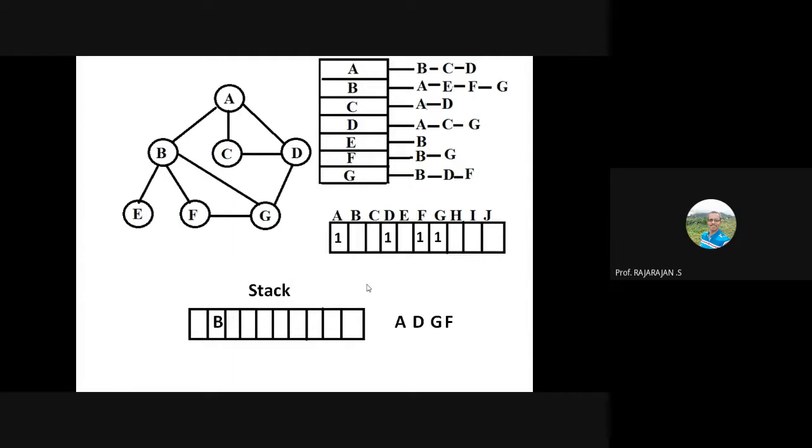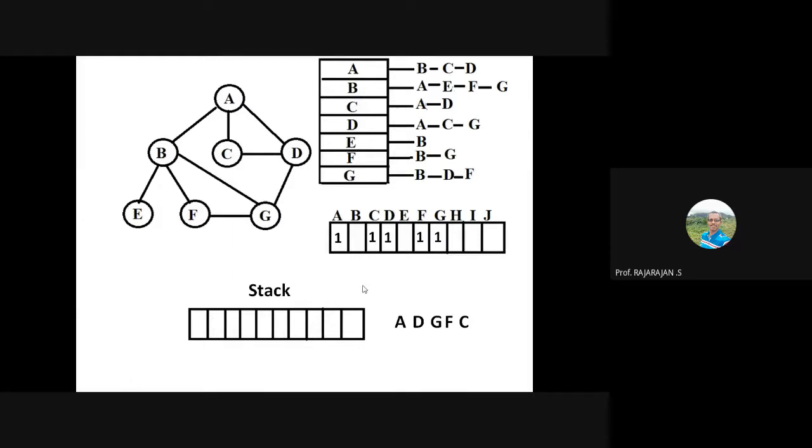Now you remove the top, C, mark it as visited, and from C you don't have any new vertex, so you simply ignore it. Now remove B, mark it as visited and print it. We are visiting B, right?